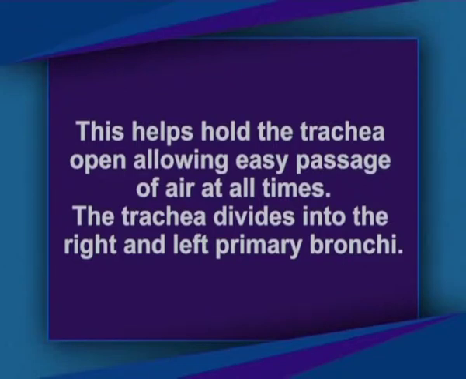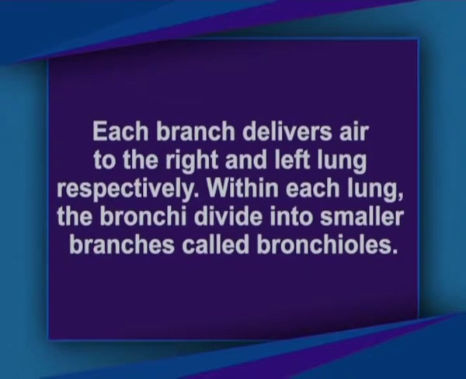This helps hold the trachea open, allowing easy passage of air at all times. The trachea divides into the right and left primary bronchi. Each branch delivers air to the right and left lung respectively.